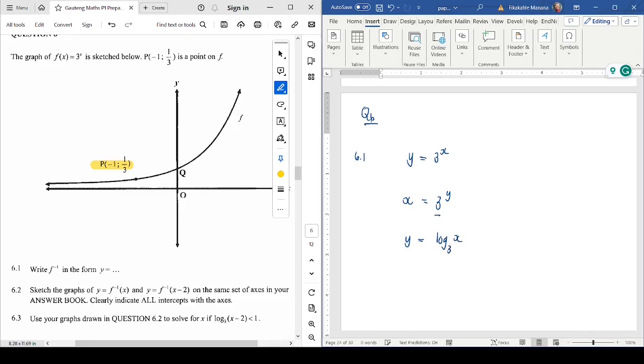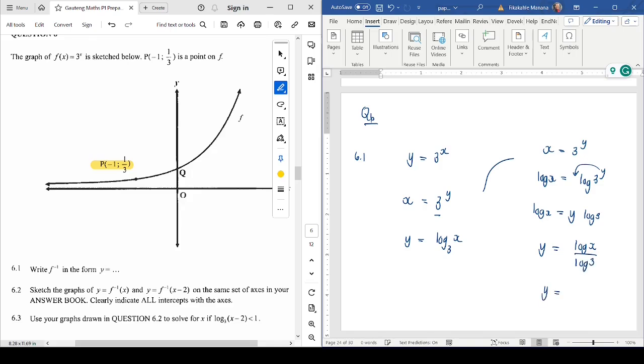Okay, for those of you who don't really understand how we got there, basically, if you have x is equal to 3 to the power y, if you put log on both sides, according to the log rules, you can take down the power. So you have y log 3, and you have the log x. Then you can make y the subject of your formula. So you have log x divided by log 3.